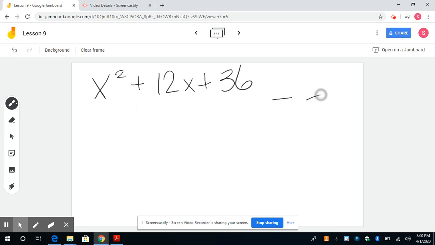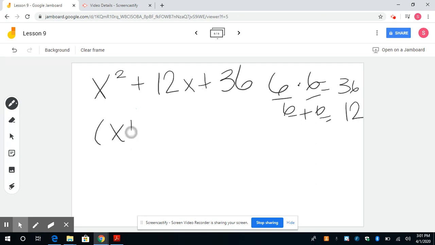So you're saying to yourself, all right, what are 2 numbers that make 36 and multiply to 12, so that we can factor by grouping and all that good stuff. If you realize, both the numbers are 6. So if we were to factor this out, we would get x plus 6 and x plus 6 as our 2 parentheses.